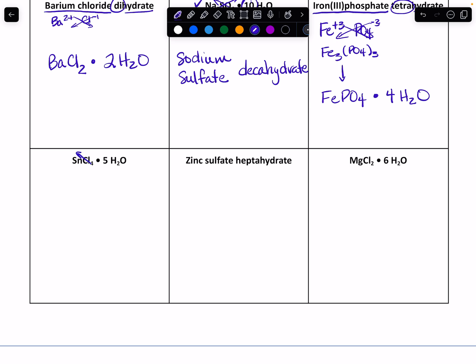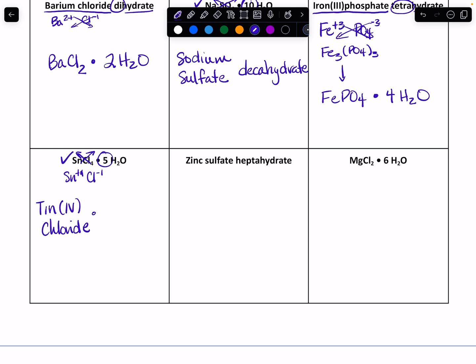Next, SnCl4. Start by reversing my crisscross. Sn must be +4 here, and Cl is -1. If I look at chloride, it is in fact -1, so this formula is fine. So tin(IV) chloride is the name of the ionic compound.